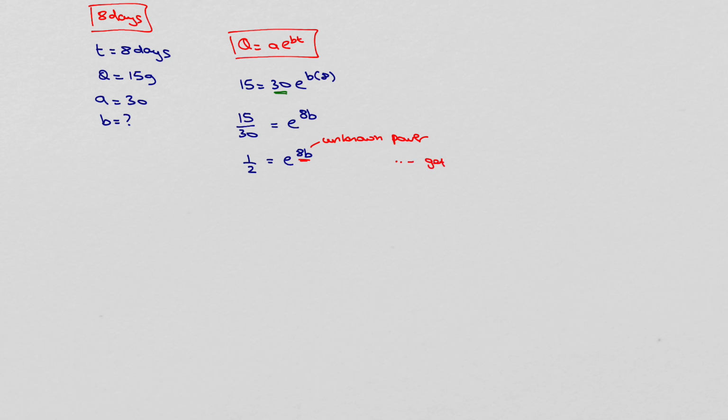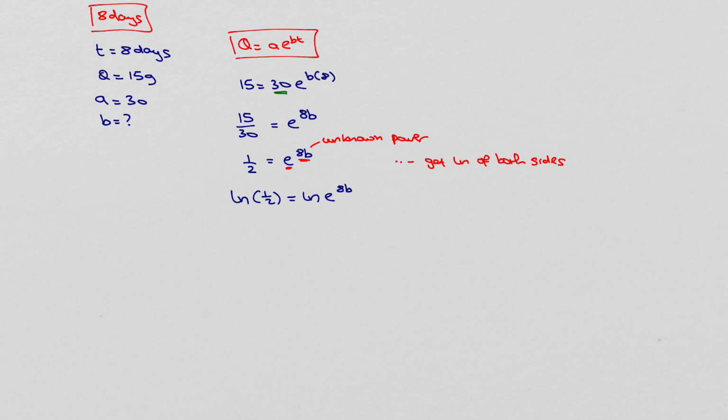So I'm going to get the natural log of both sides, and that's because we have an e here. If I get natural log of one side, I have to do the same to both sides to make sure my equation is balanced.